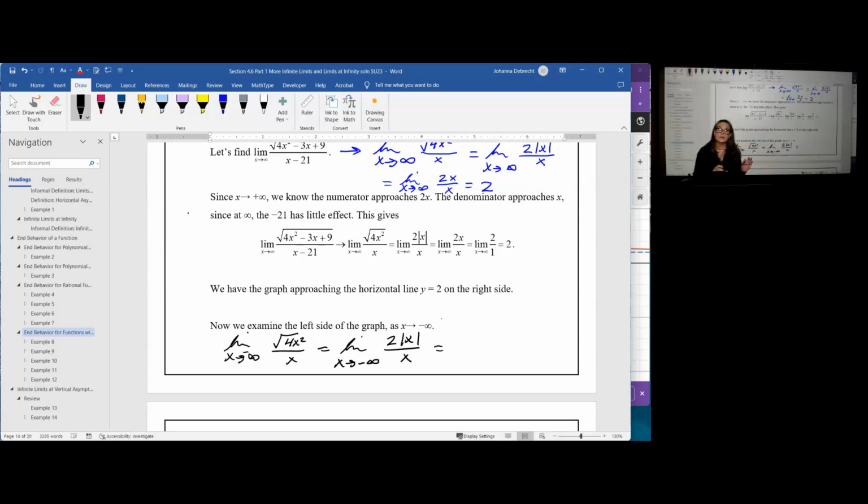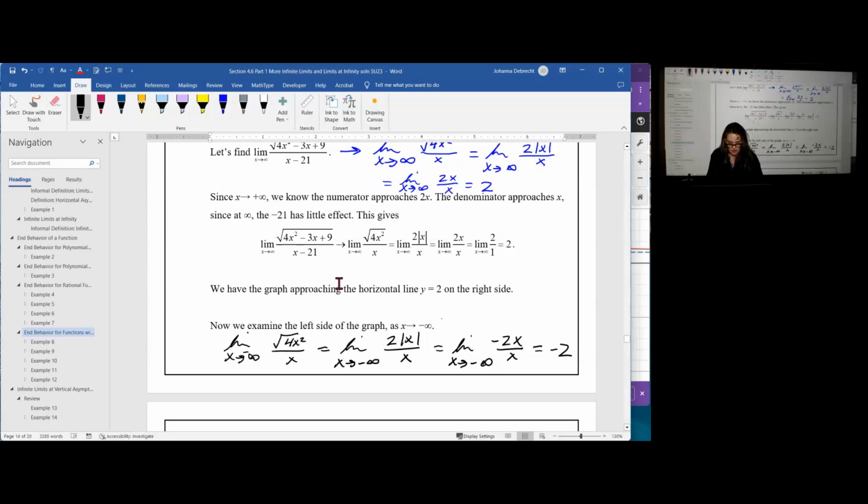However, because the numbers are all now negative, to force that to be a positive number, I have to multiply it by a negative. And this means that it is approaching the graph of negative 2x divided by x, which gives me a horizontal asymptote on the left side of y equal negative 2.